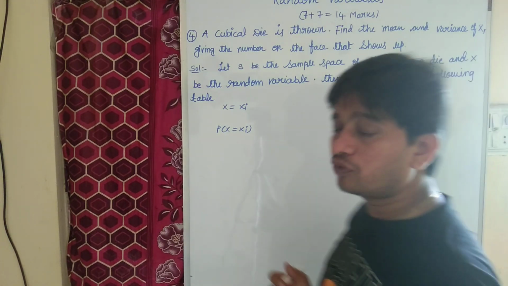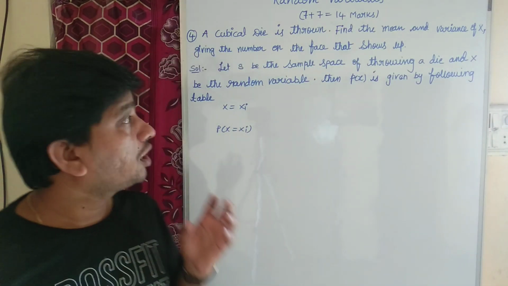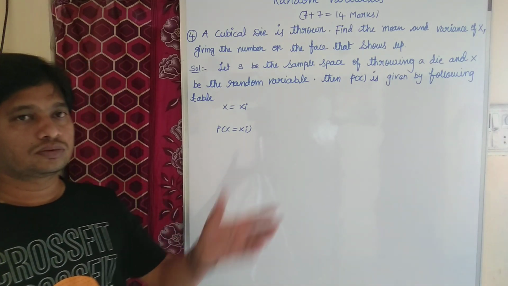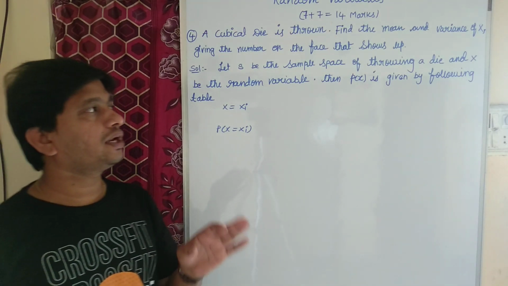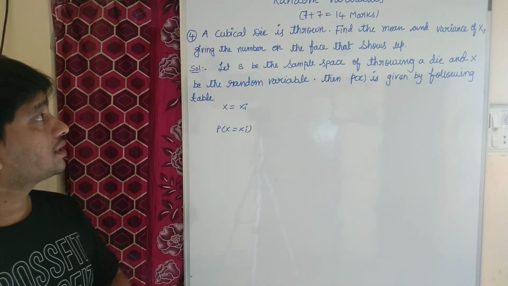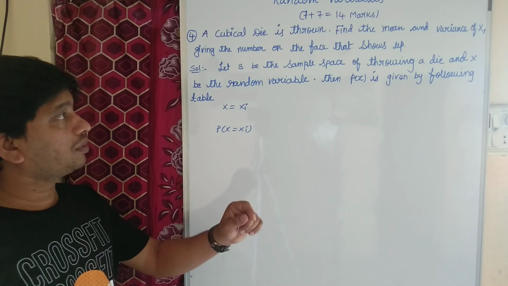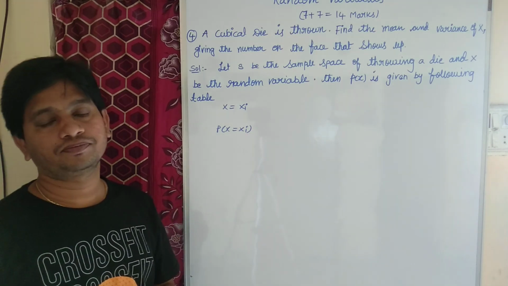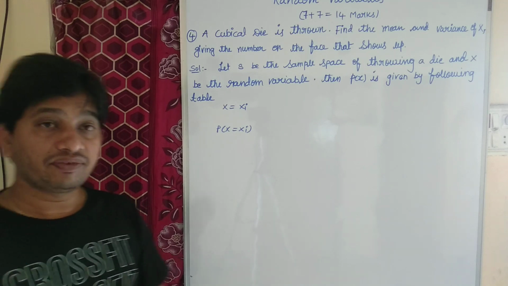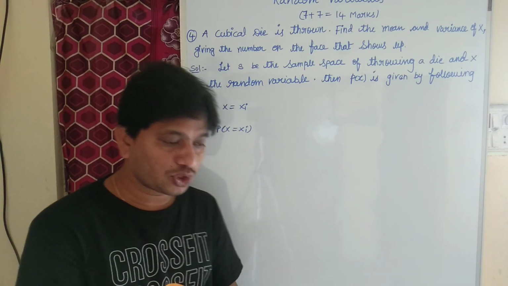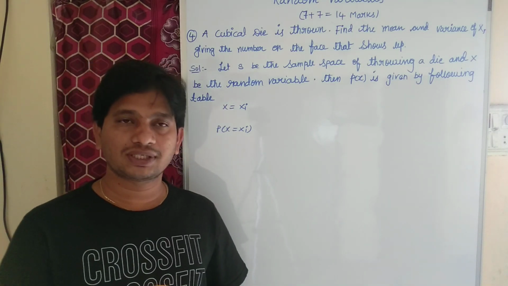Now coming to the fourth question. A cubical die is thrown. Find the mean and variance of x, giving the number on the face that shows up. You know, children, when we were in class 10th, we learned about a die being thrown. What is the sample space?